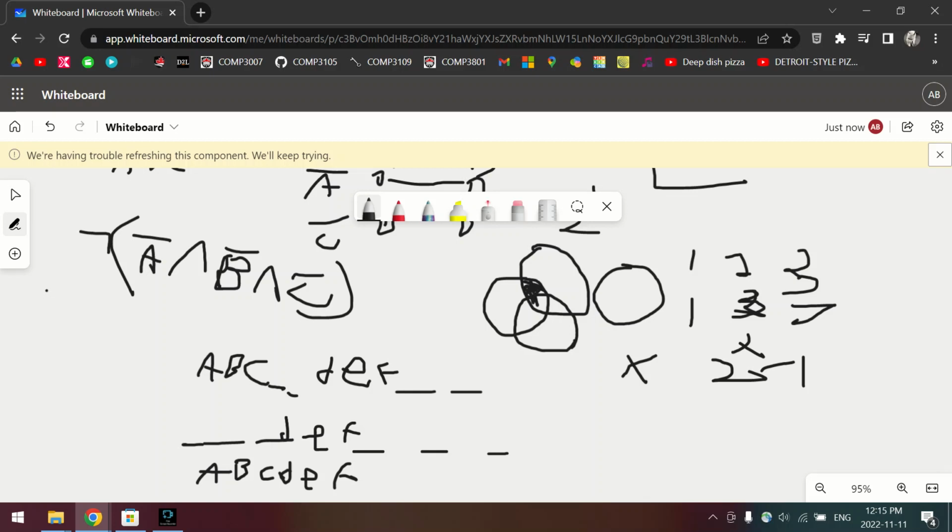Similarly, if we have ABC and then CDE, we can see that they already share one value, so the overlap would be ABCDE. So here the overlap is 2 to the I minus 6 because there's 6 values that are required, and then the overlap is any other combination.